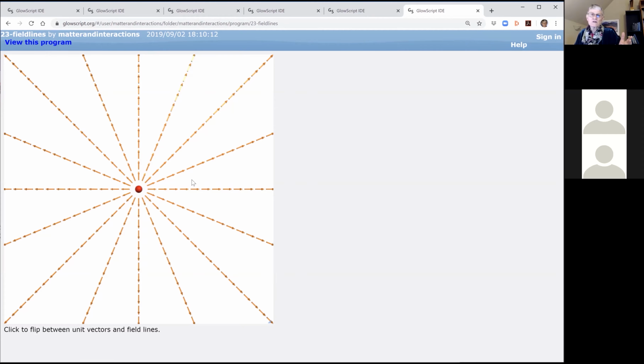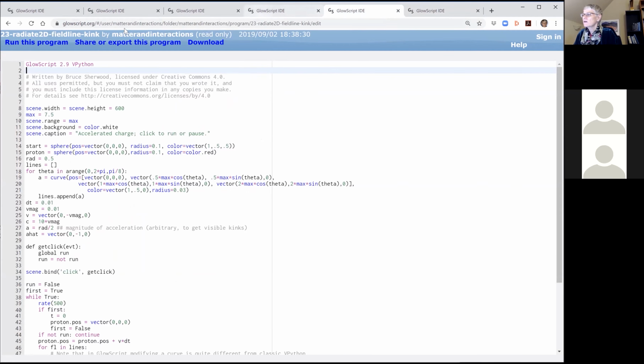So the electric field, due to a stationary positive charge, points away from the charge. And these unit vectors here, or these field lines, can represent the field of this charge. Let's see what would happen if we gave this charge a kick.